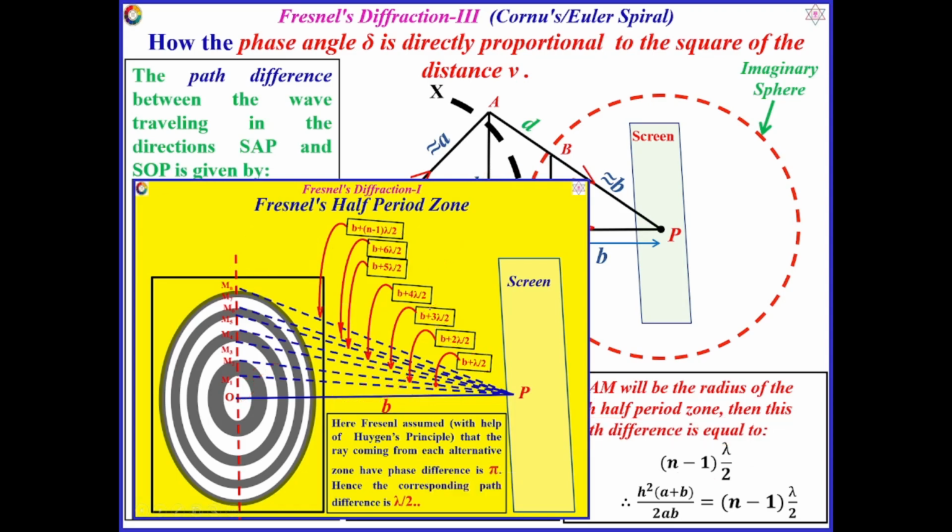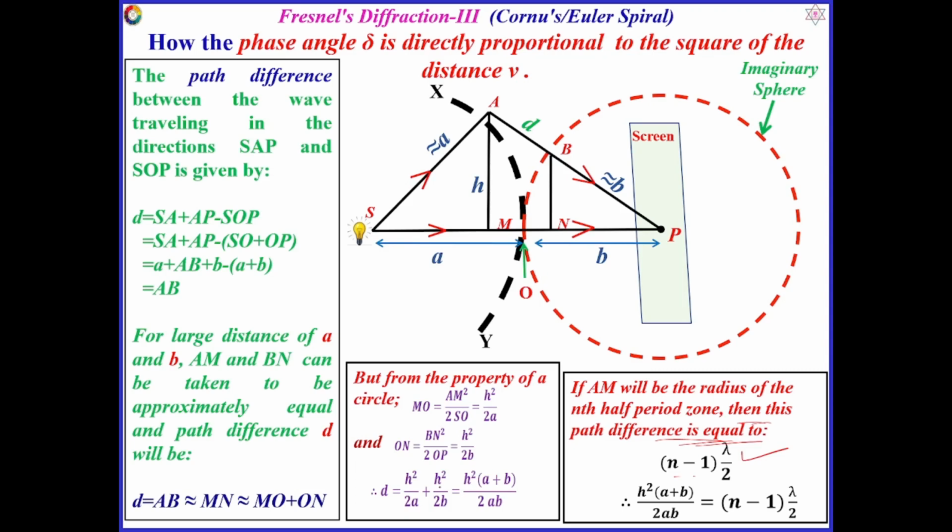So the condition will be, here you can see, that the path difference will be equal to (n minus 1) lambda by 2. This path difference represents the difference between this path and this path.